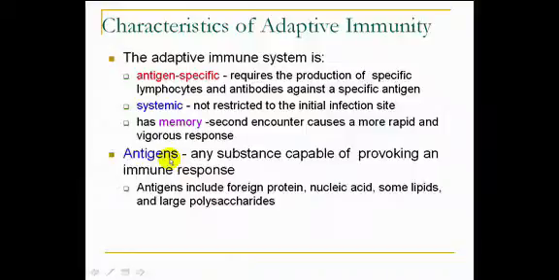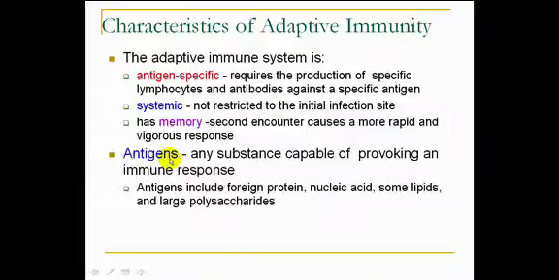Its response is systemic. Now remember back when I said innate and we talked about inflammation, that's a localized response. If you have a wound and you have inflammation in that area, just that area is getting inflamed. So it stays localized.